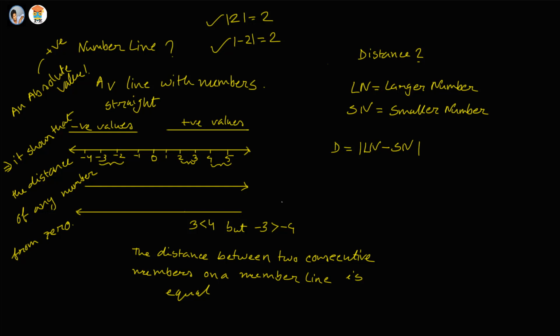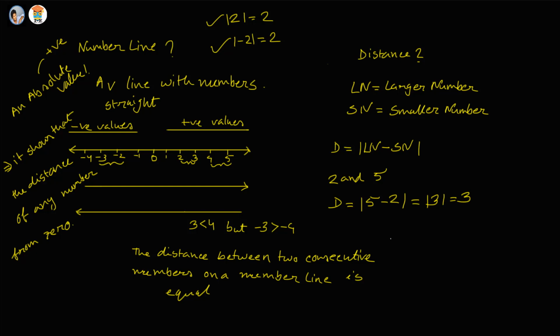Now let us do some examples where we find out distances between two numbers. Say the first number is 2 and the second number is 5. Distance d will be equal to large number 5 minus smaller number 2 modulus. So this will be equal to 3 modulus, which is equal to 3.